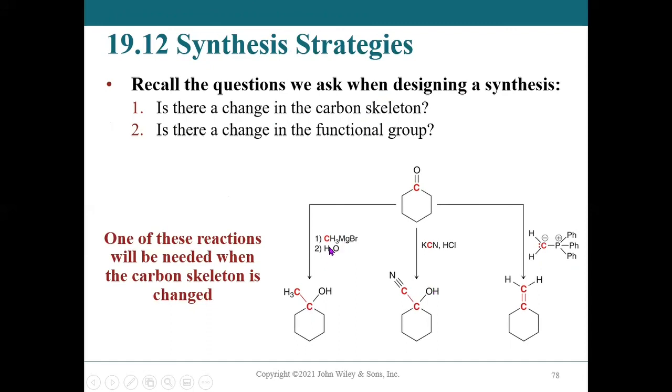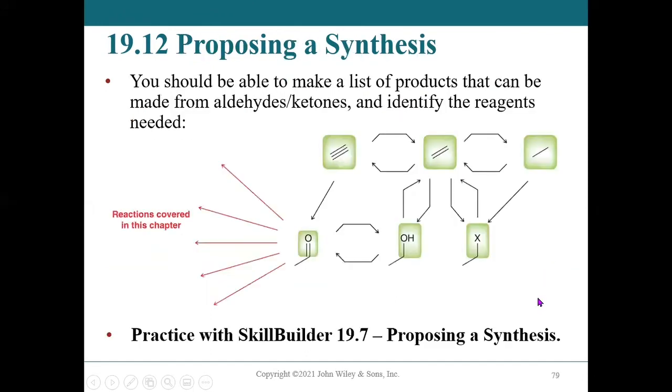We can use a Grignard to add more carbons, or we can use the addition of cyanide to produce a so-called cyanohydrin, or we can use the Wittig reaction. You should be able to make a list of products that can be made from aldehydes and ketones and identify the reagent needed.